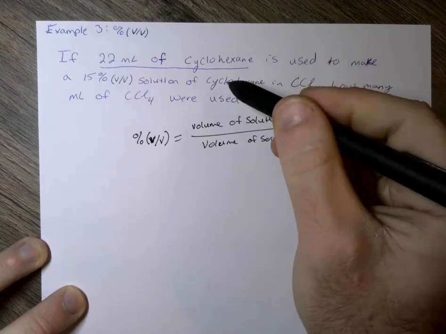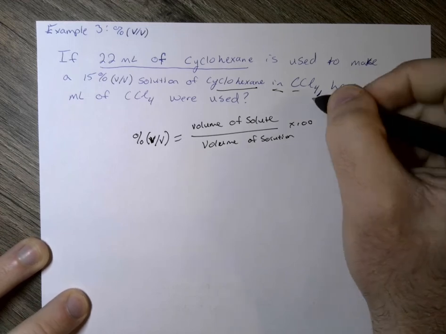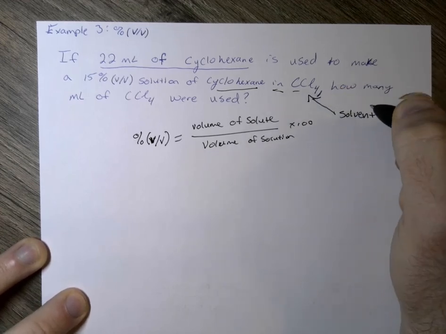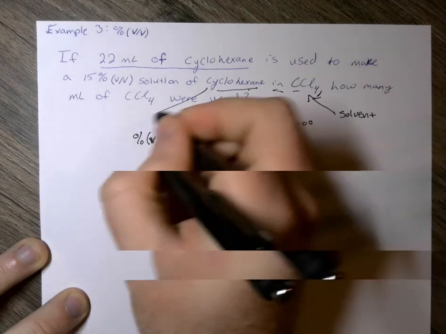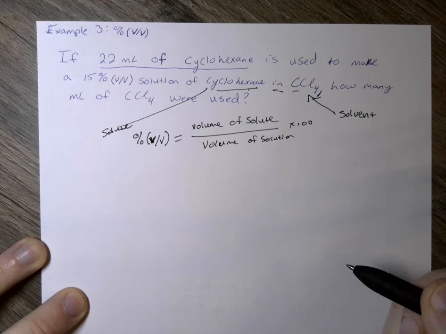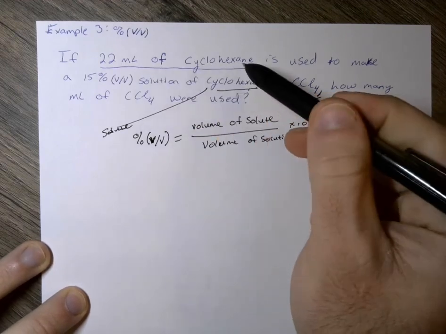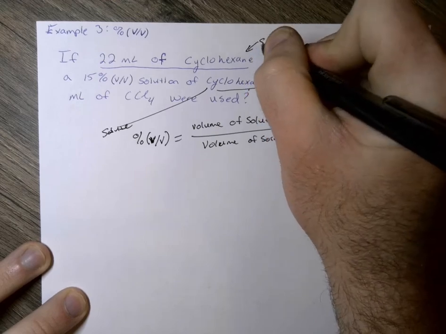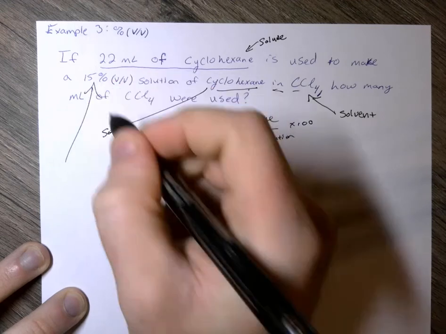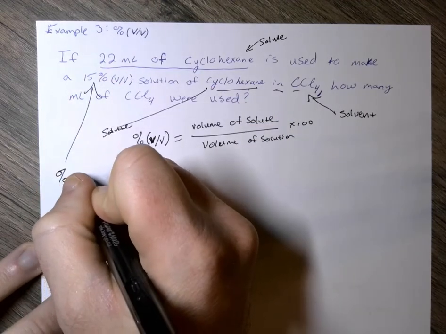And it tells me that it's a solution of cyclohexane in CCl4. So that means CCl4 is my solvent, and cyclohexane is my solute. Now that I know that, I know that my 22 milliliters of cyclohexane is my solute volume, and then it gives me my percent by volume, percent V over V.